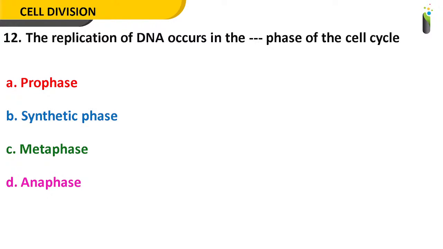When does the replication of DNA take place in the cell cycle? The answer to this question is B, synthetic phase. That is S phase of the interphase.